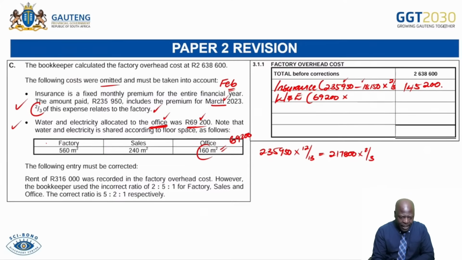We want the factory, and the factory is what? 560 square meters. 560 square meters over what we have. So we are simply saying what we want over what we have. What we have is a rand, it has the square meters. And what we want is the factory. So we want 560 and we have 160. And then we multiply there like that. And then we close our brackets.